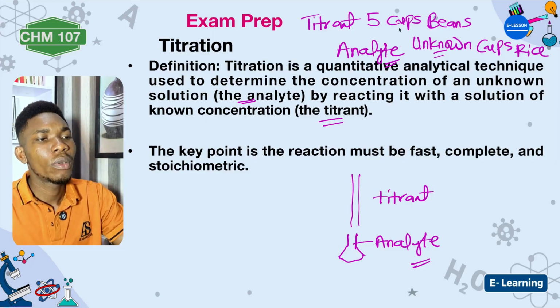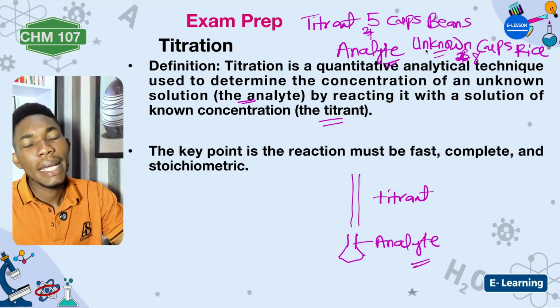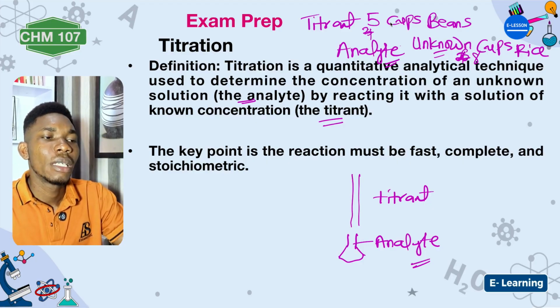It means 1 cup from these 5 cups, you use 2 cups here. If you take another cup, it means in total you'll be using 4 cups here. If you took 3 cups from here, it means you'll be using how many cups? 6. If you took 4 cups from here, it means you'll be using how many cups? Let's say 8. You now discover that all the rice has finished, but we still have 1 cup of beans left. Are you getting it?